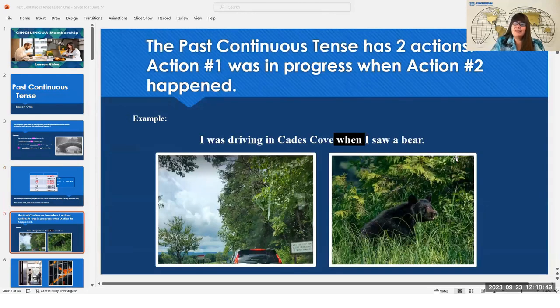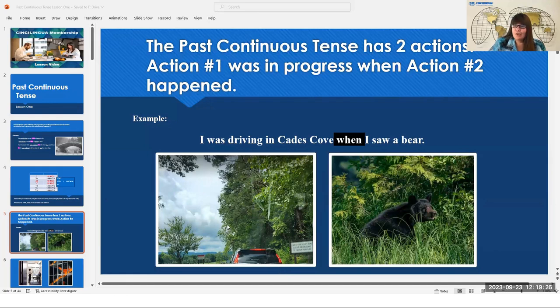Okay, the past continuous tense has two actions. Action number 1 was in progress when action number 2 happened. So let's look at this example. I was driving in Cades Cove when I saw a bear. Okay, so I started driving.